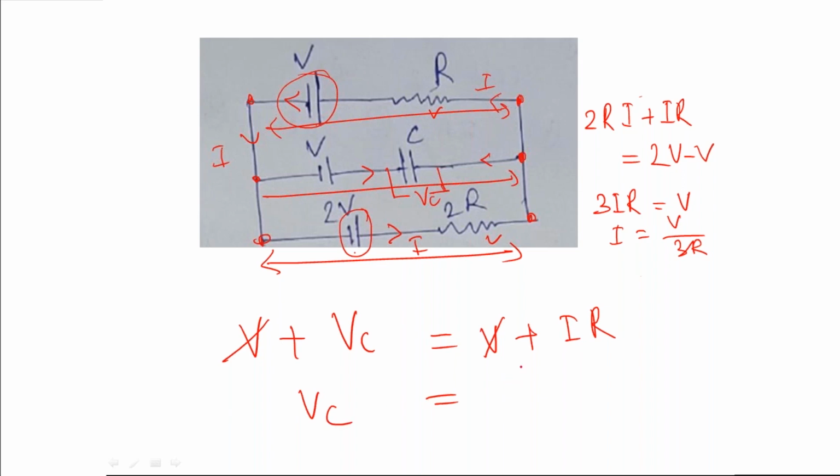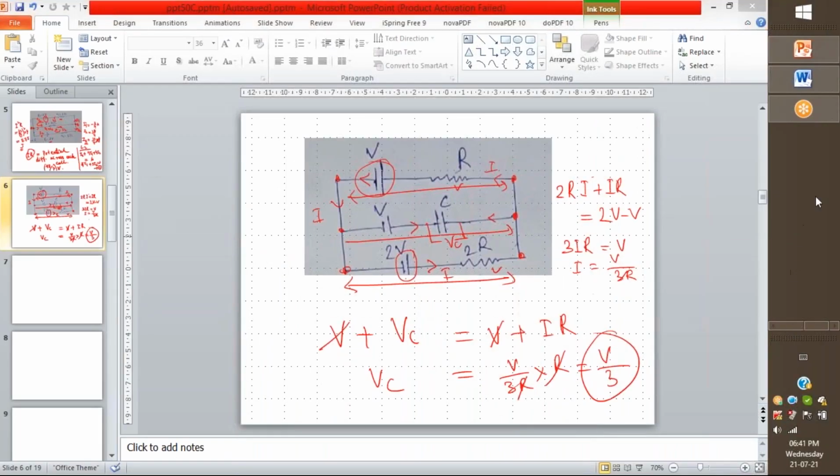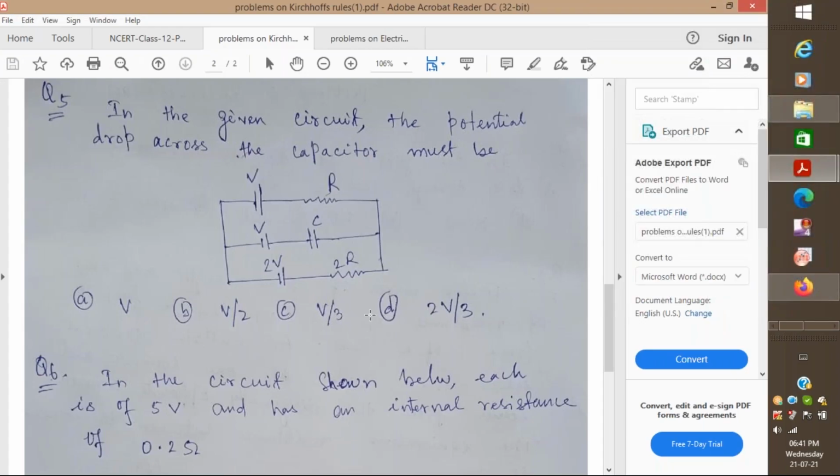I know the current, so this V can be cancelled. So VC is equal to I into R. Okay, so what is I? I is already given, V by 3R, into R. So you will get the potential drop across the capacitor is V by 3.